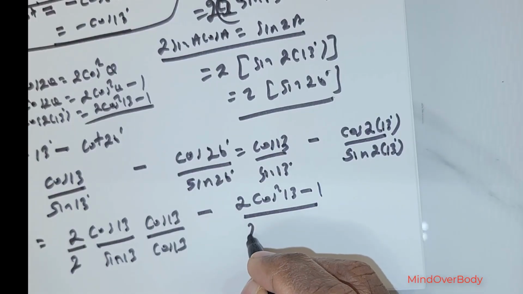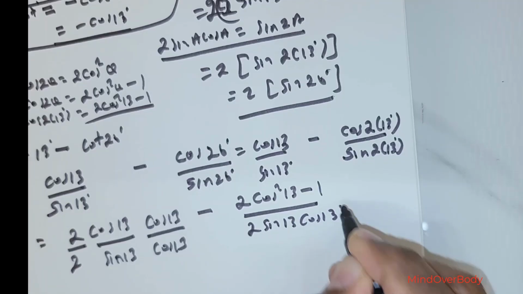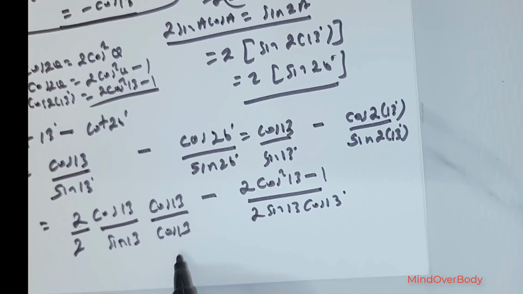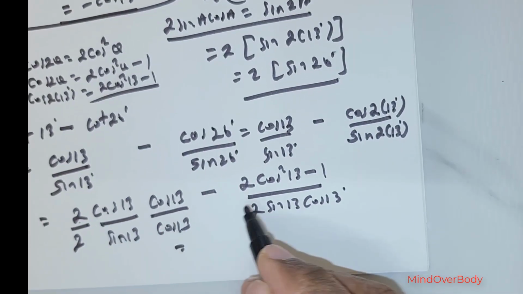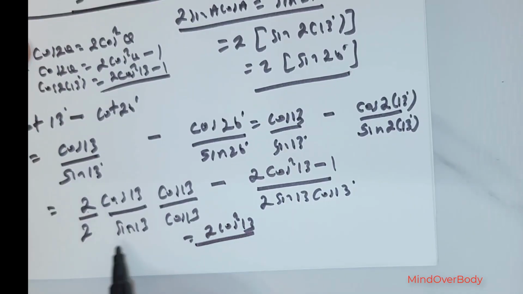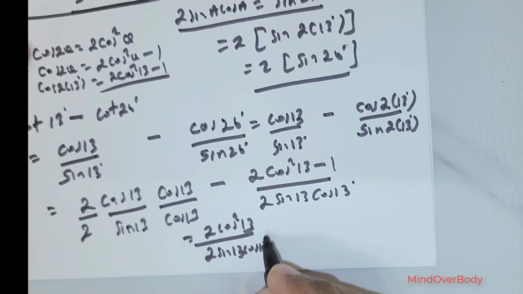So I can write it as 2 times sin 13 times cos 13. Now this is 2 times cos squared 13. This stays as it is. So let me write 2 sin 13 cos 13.